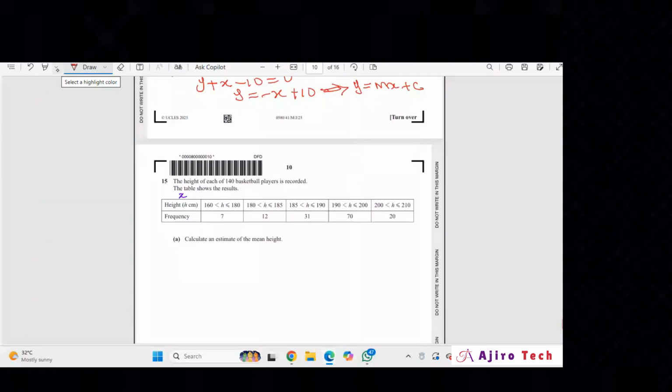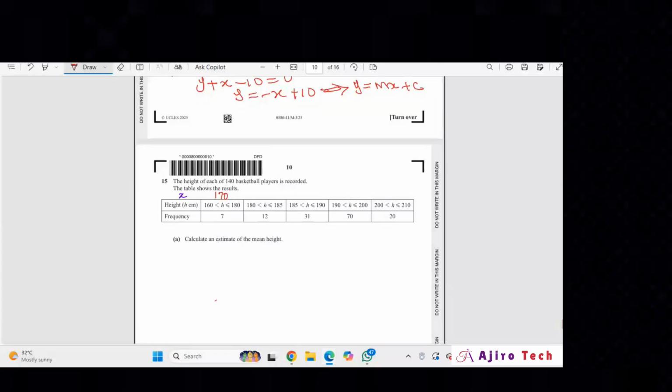How do I get the value of S? It's simple. So for us to get the value of X, just add 160 plus 180. Pick up your calculator now, everybody. 160 plus 180, which will give us 340, divided by 2, 170.